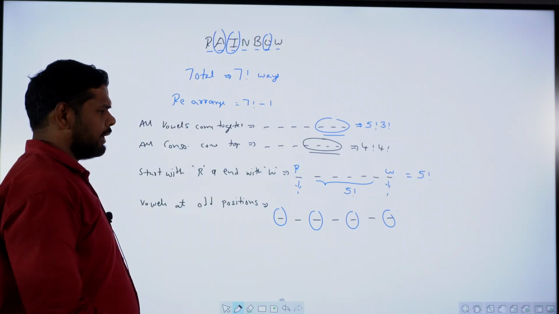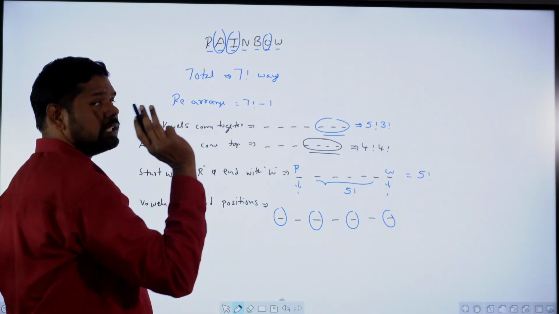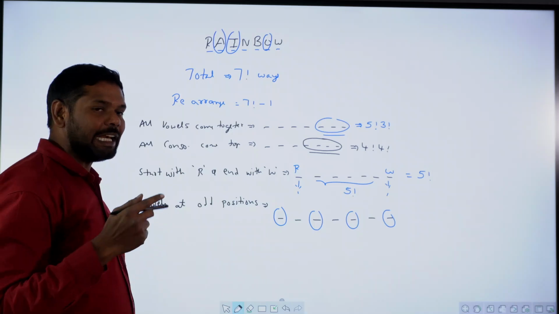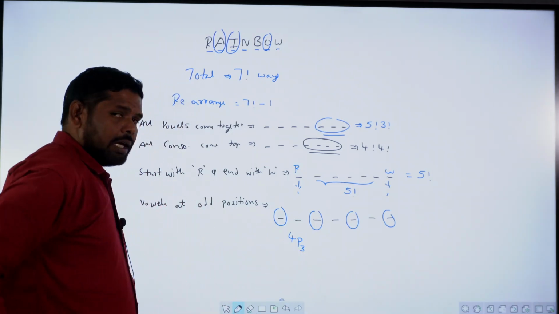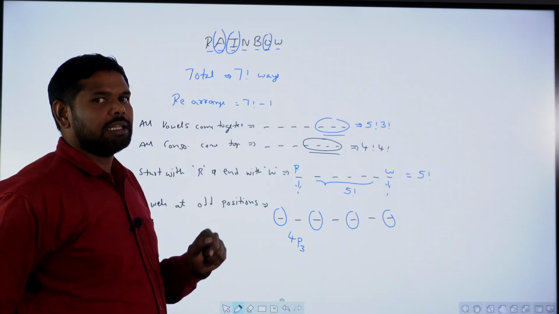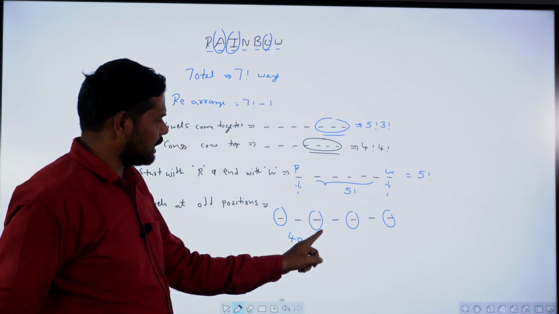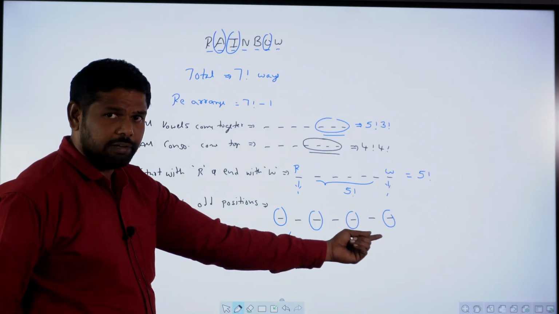Out of 4, we can use any places for filling A, I, O. 3 vowels can be filled in the 4 places in how many ways? 4P3. Right? Still, how many gaps are there? That is important. We used only 3 vowels, either the first 3 or the second 3, whatever. But one gap is again empty, vacant.